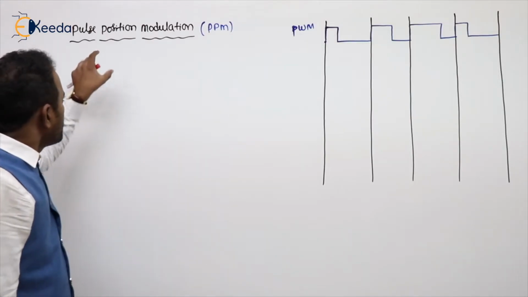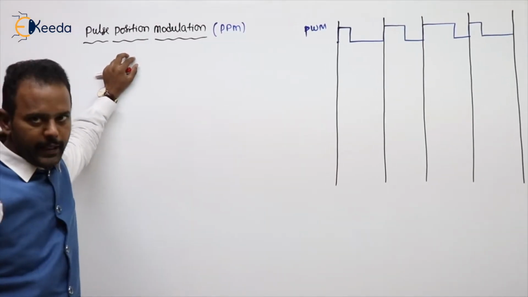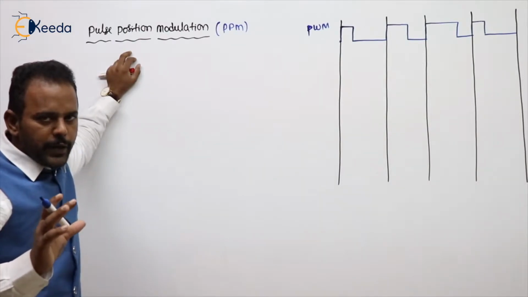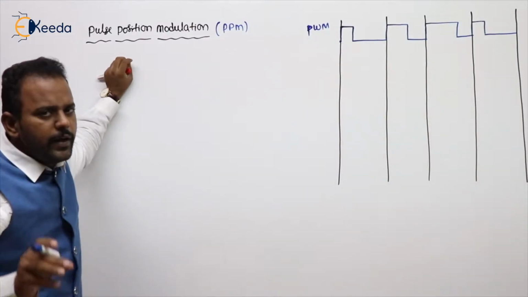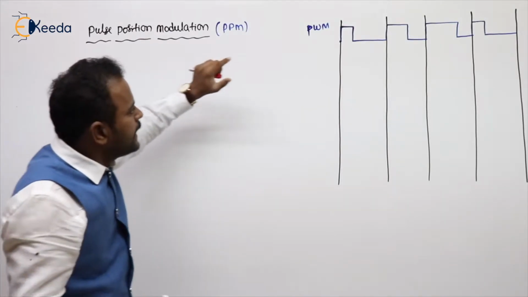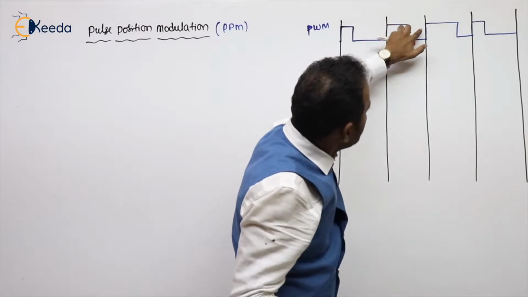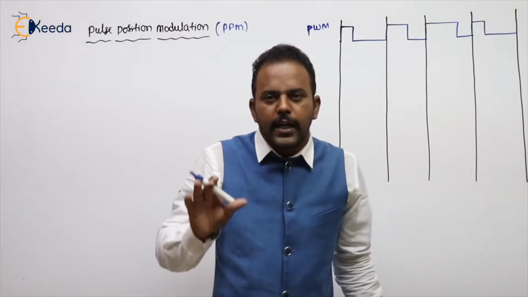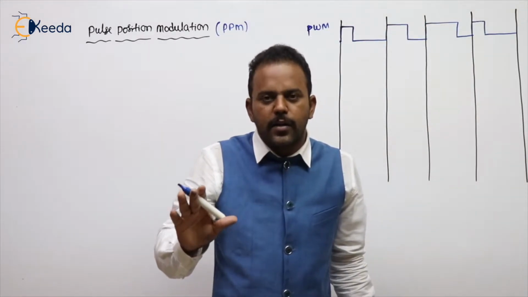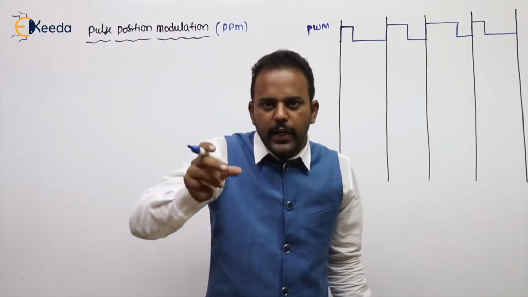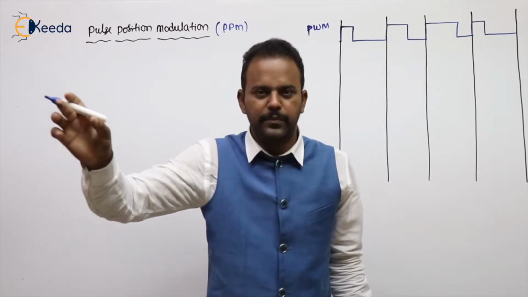Now, the first point in the PPM is, listen, in a PWM signal, which is varying, we all know, the leading edge of a pulse train is always constant and it is known to the receiver, because it is coming at regular intervals of time.